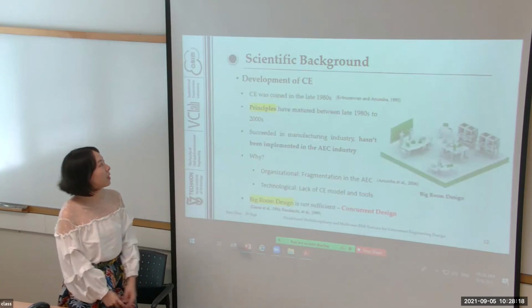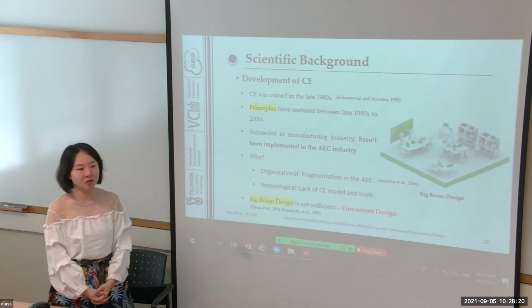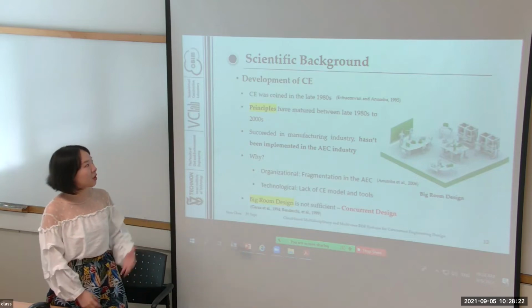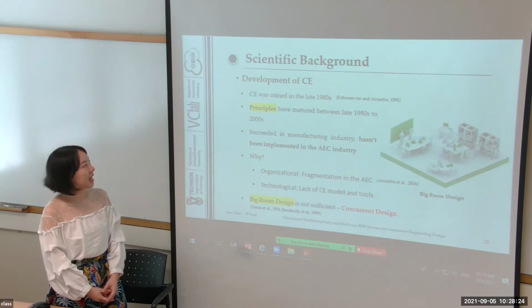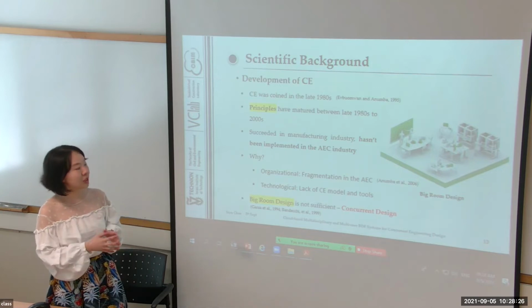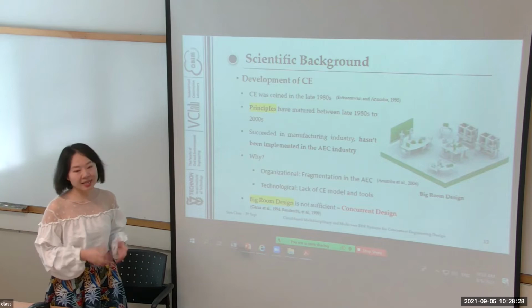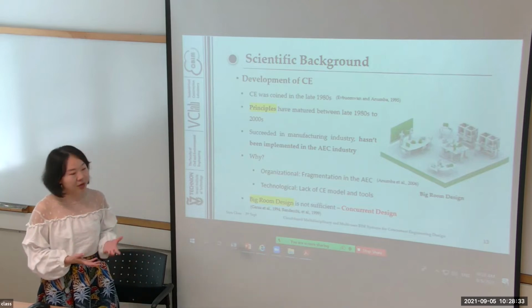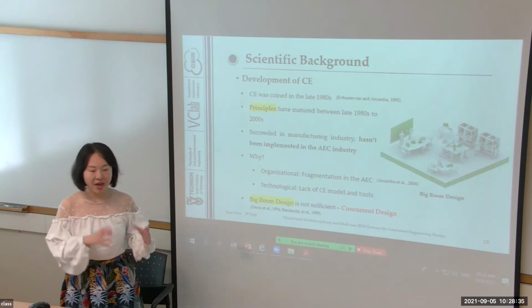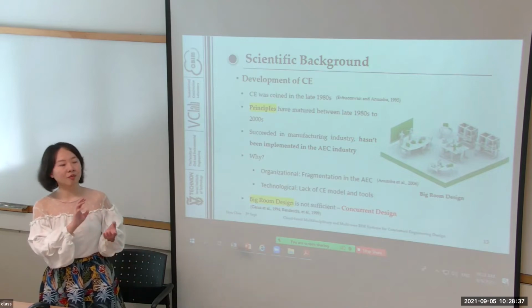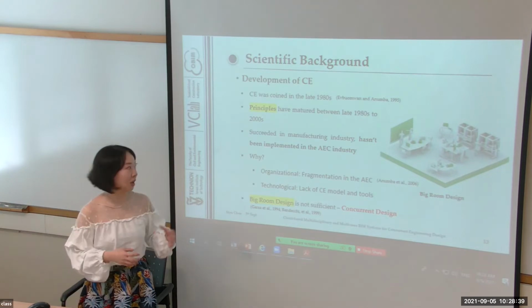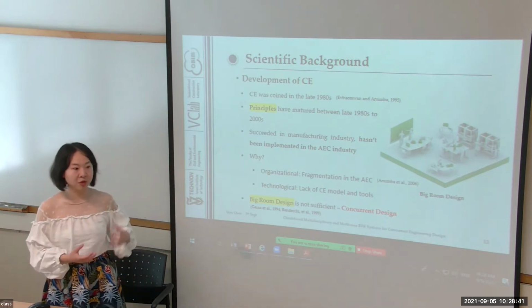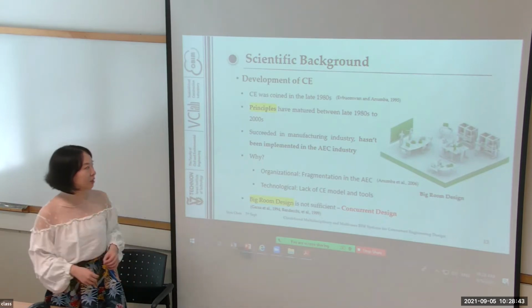So the first part is the development of concurrent engineering. It was coined in the late 1980s, and then the principle matured over the next two decades. It has already been implemented successfully in the manufacturing industry, so researchers in the AEC industry proposed to introduce it in our own industry.